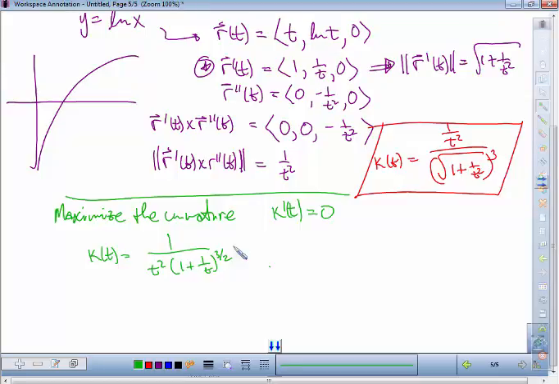If I try to match the 3/2 power, that would be like 6/2? 6/3?